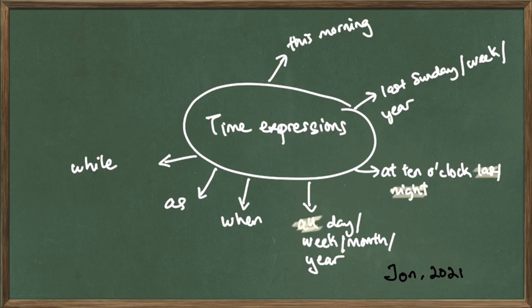These are the time expressions that you might use in sentences when you are talking about something in the past continuous. Just now we talked about the word while, to show progress. On this mind map you have as, you have when, all day, I've highlighted this. And remember I mentioned about stated time: last night, last Sunday, last week, last year.